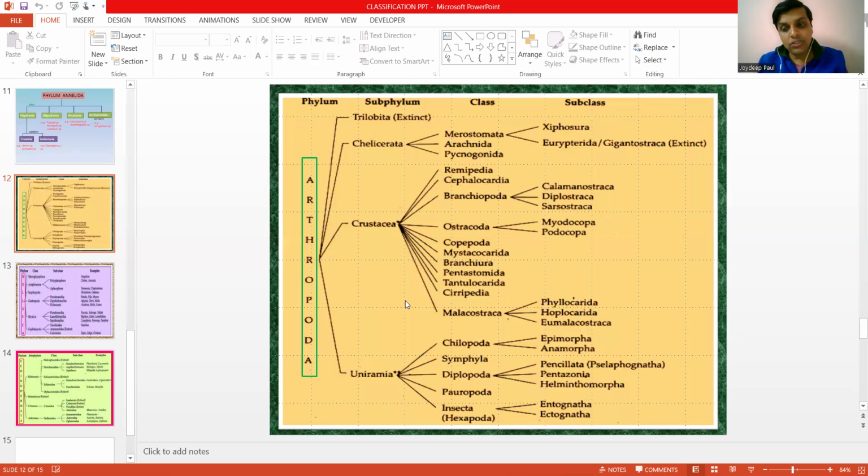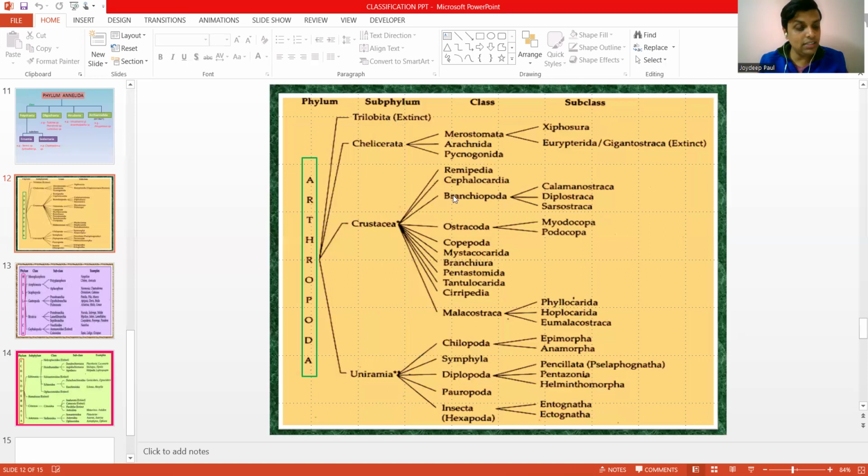Now we can talk about the classification of phylum Arthropoda, which can be subdivided into four subphyla. The first subphylum is Trilobita. They are now extinct, as you can see from here.